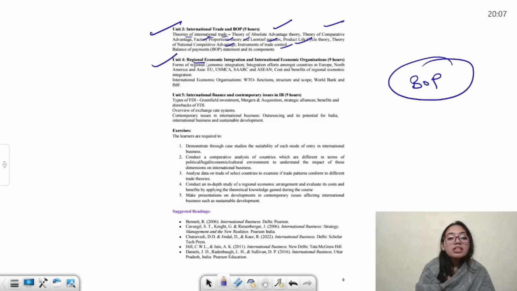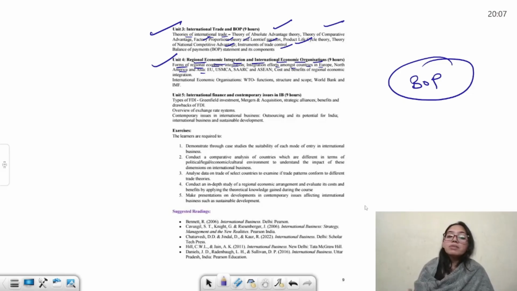Then the fourth unit is regional economic integration and international economic organizations, which carries 9 hours. It covers forms of regional economic integration efforts amongst countries in Europe, North America, and Asia. It also includes the European Union, USMCA, SAARC, ASEAN. These are all regional integrations.